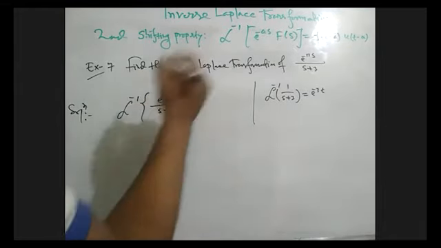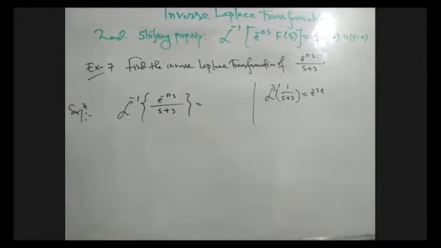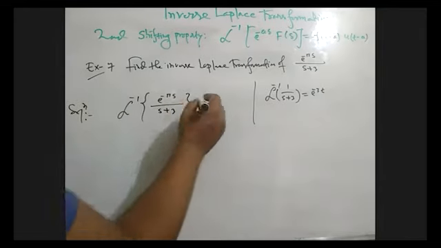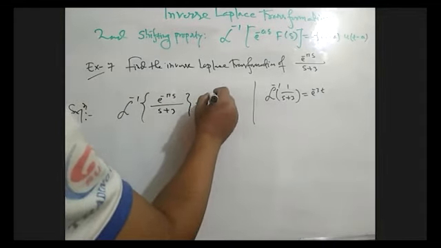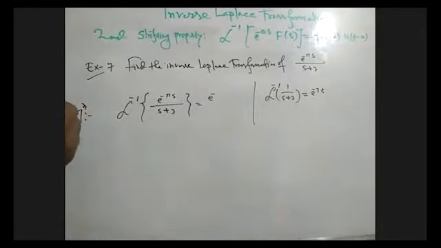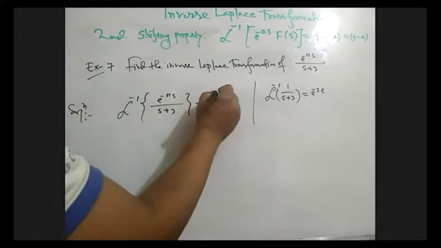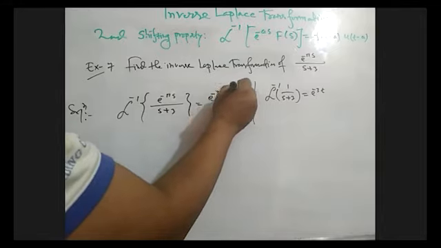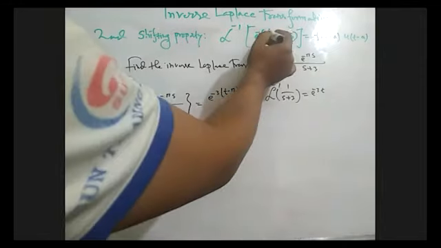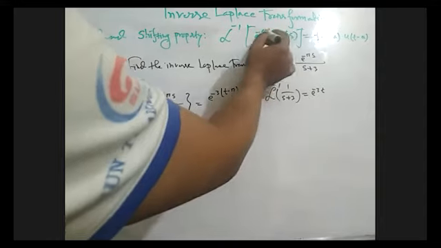So after transforming using this second shifting property, we can write e to the power minus 3 (t minus pi). Here it is t minus a, where a equals pi.